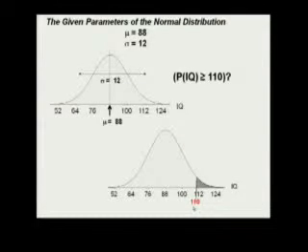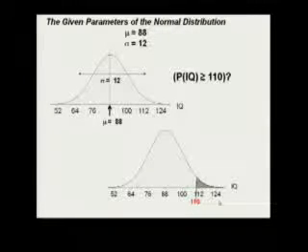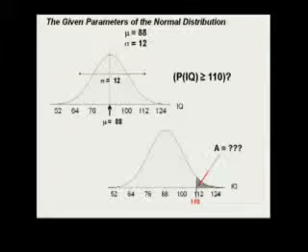We also know what area is desired. That's the percent greater than or equal to 110, so we're talking about this shaded area here. So that's the first step. We sketch and identify the values of x as specified by the question being addressed.